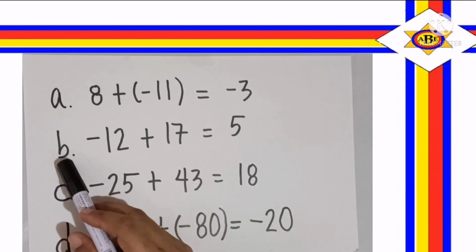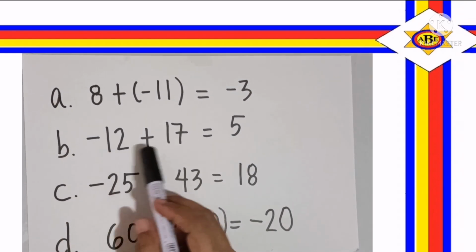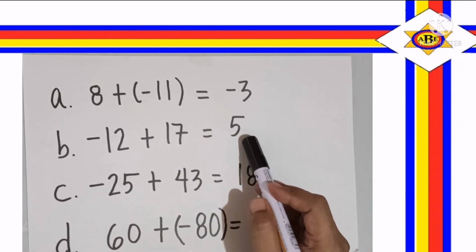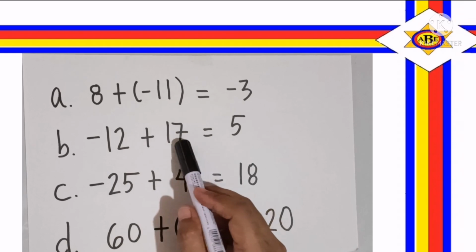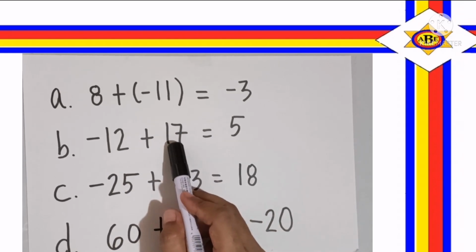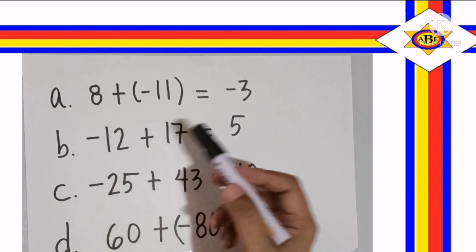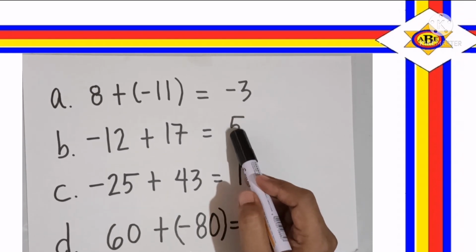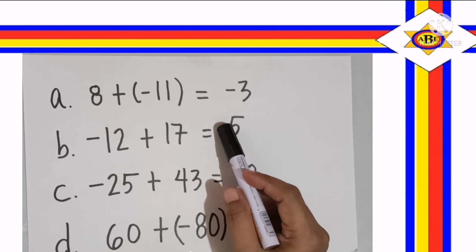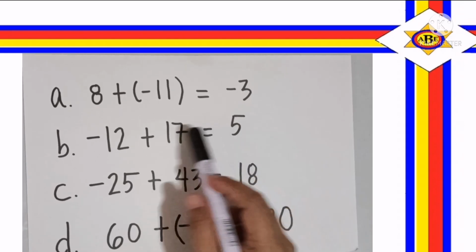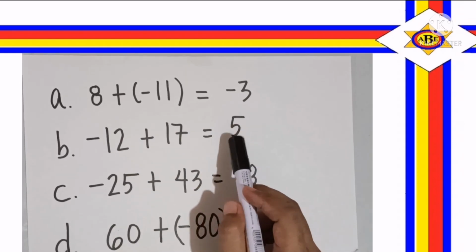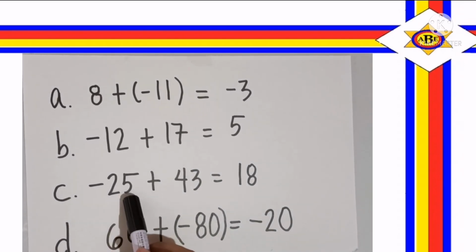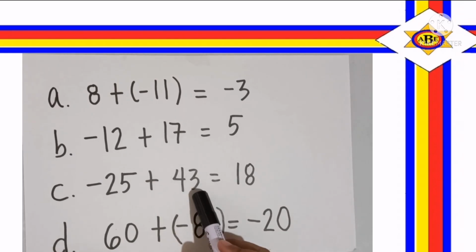On letter B, we have negative 12 plus 17. Our answer is 5. We're going to notice the number 17 is higher than negative 12. That's why the sign here is positive. But of course, we don't write positive here. Okay, so that's why we have positive 5. For letter C, we have negative 25 plus 43.